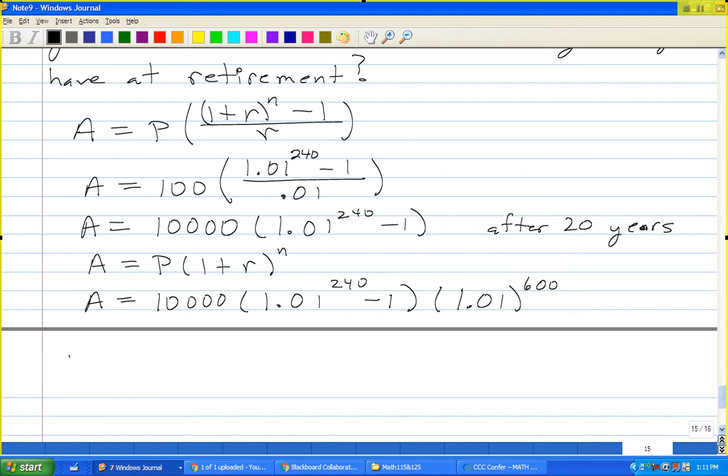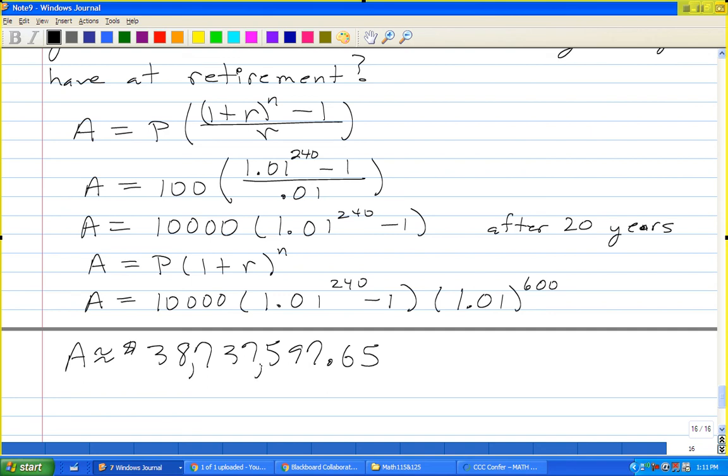And so this is, well, let's see, I'm sorry, so 10 to the 4 times (1.01 to the power 240 minus 1) times 1.01 to the power 600 is 38737.65 approximately, in millions. Sorry, $38 million.